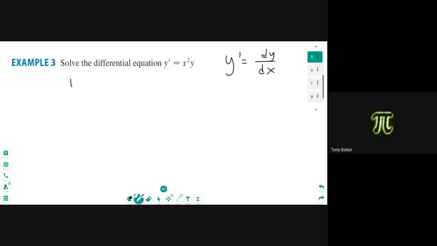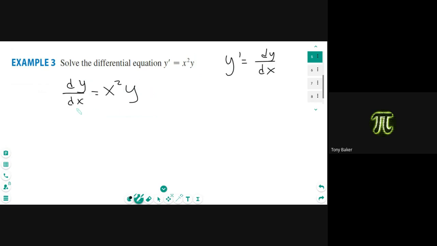So we have dy dx equals x squared y. How am I going to separate this one? In all the problems we've done so far, it's basically cross multiply and be done. In this case, the y is up top, so I have to divide to get rid of it.